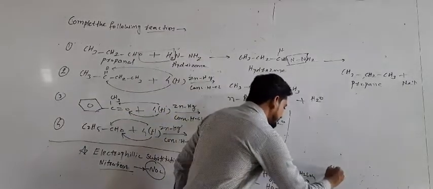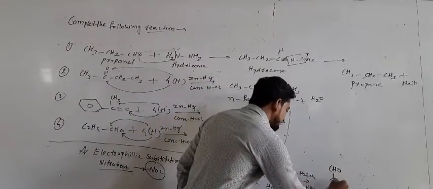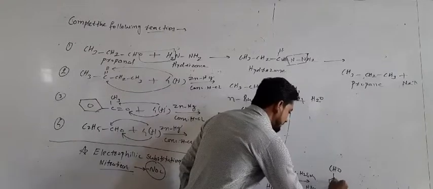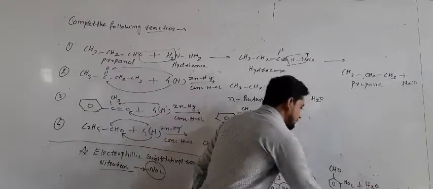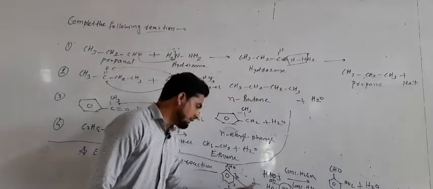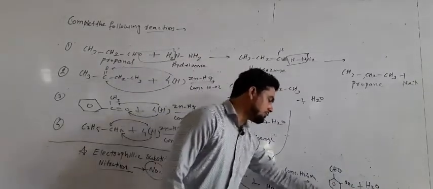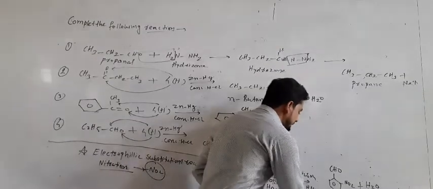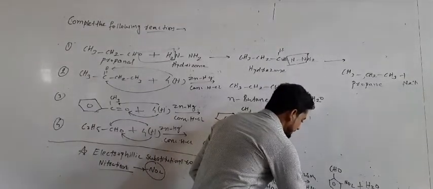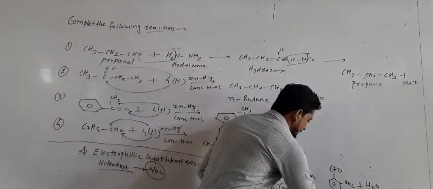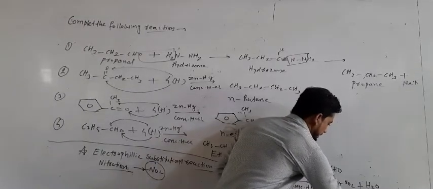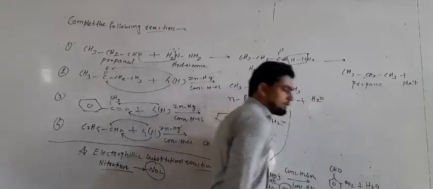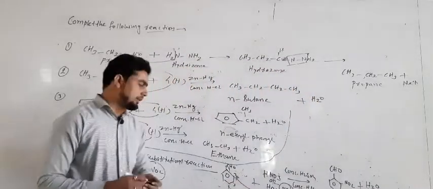So we get CHO as it is, attached to NO2 at the meta position, and loss of a water molecule, because this OH and this one H will go as H2O. Then the compound is called the meta nitrobenzaldehyde.